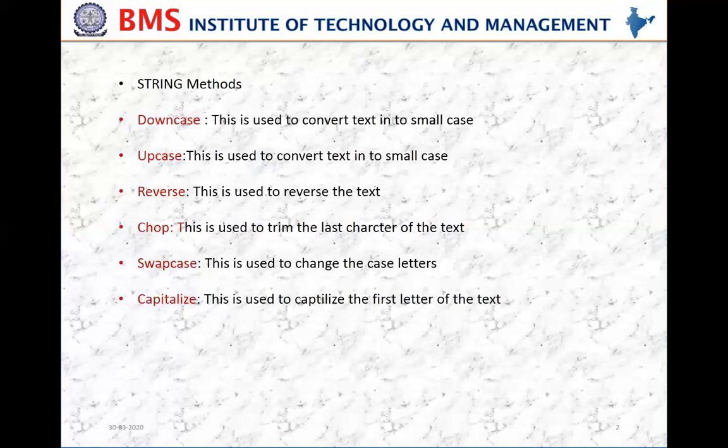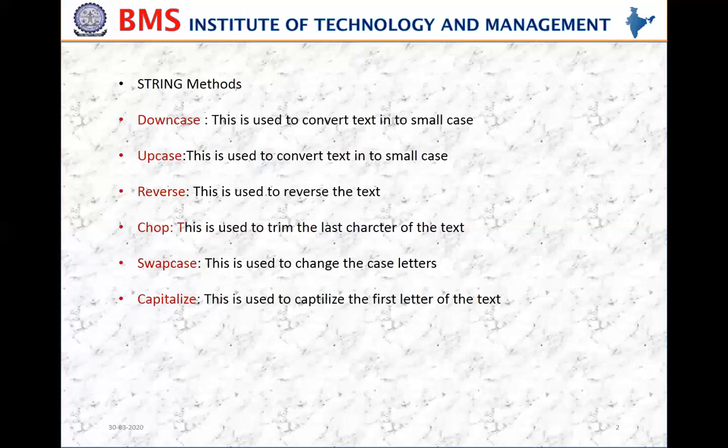Next is swapcase. This is used to change the case of the letters. That means if the text contains a combination of uppercase and small case letters, it will be converted into the corresponding small case and uppercase letters. If T is capital, it is converted into small t.